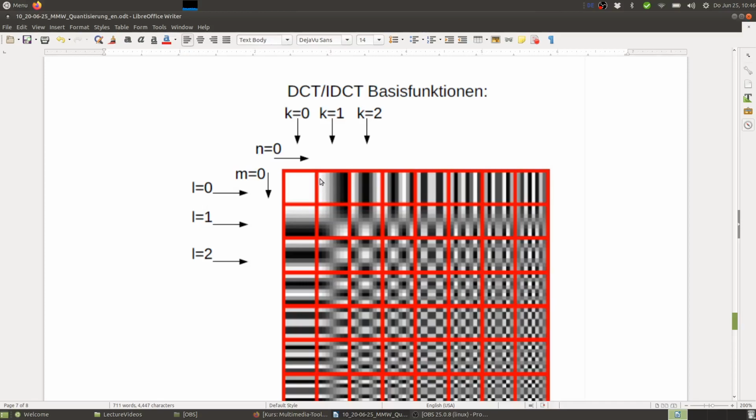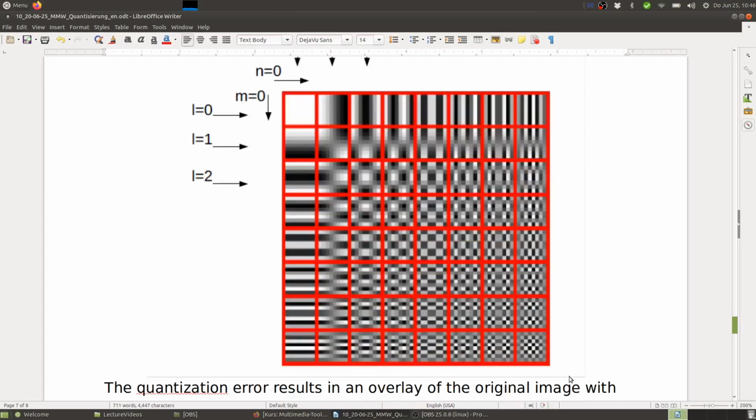So the cosine starts at a higher value and then it goes down to a low value. Similarly for higher frequencies. Here you can see the cosine becomes faster and faster when you go further to the right for higher Ks. Similarly, if you go down, the L increases, the K stays 0, then we have the cosine going in the vertical direction with increasing frequency. And diagonally, we increase both frequency directions.